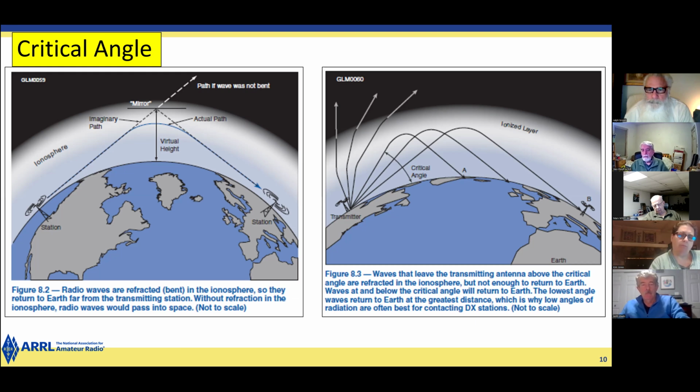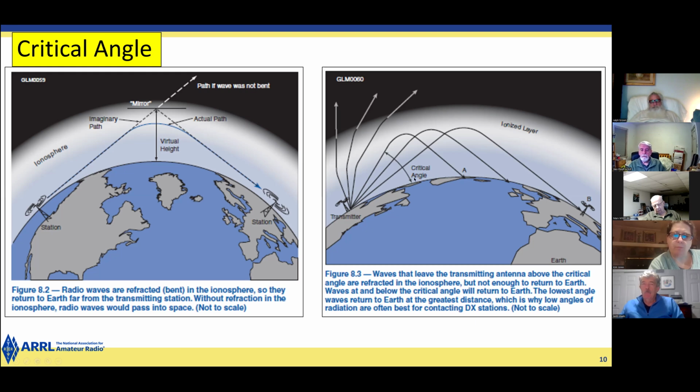If you look at the one marked critical angle, you'll see that it comes down to Earth at the shortest distance away. And transmission above the critical angle passes through the ionosphere.